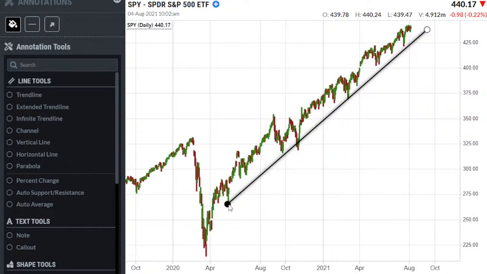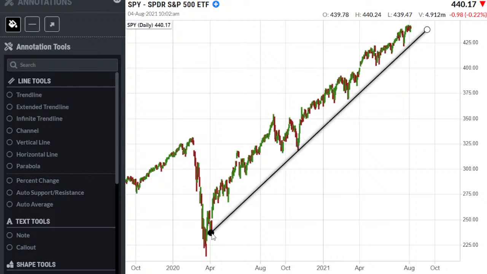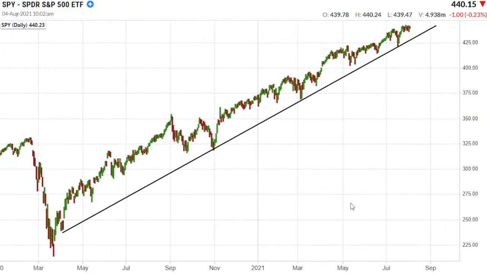I've found a lot of, I guess you'd call them bugs, in this version of StockCharts that I'm using here. Here we go. That looks fairly decent as far as a trend line.